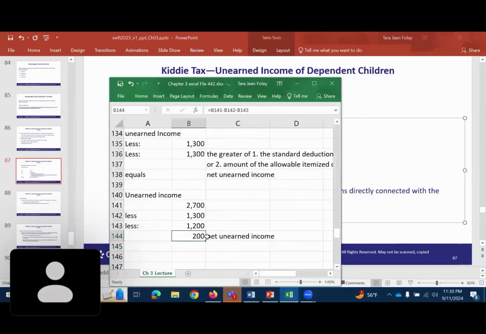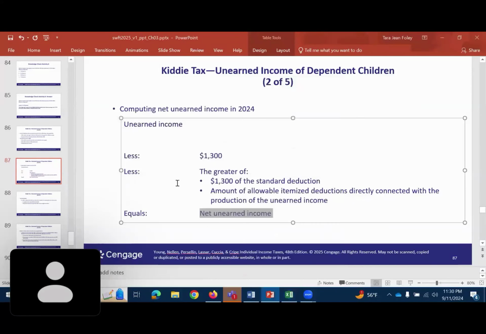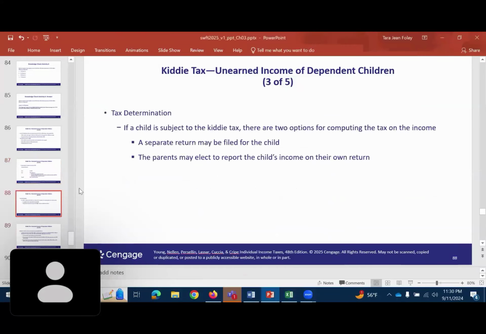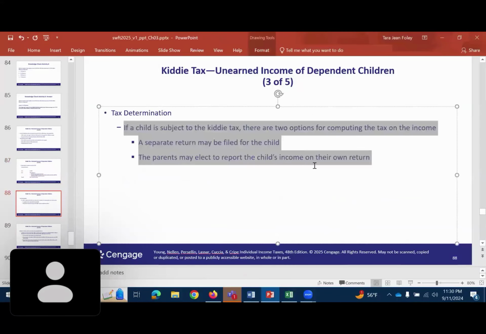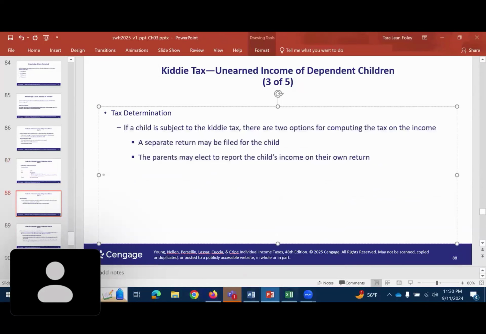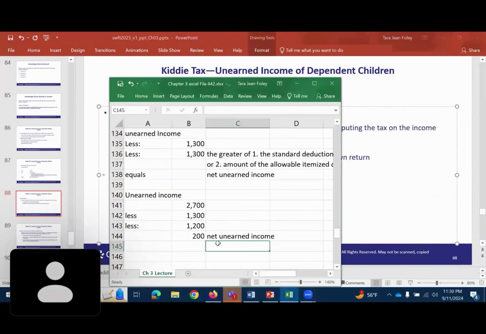This amount is going to either be a separate return for this income, or the parents put it on their return.